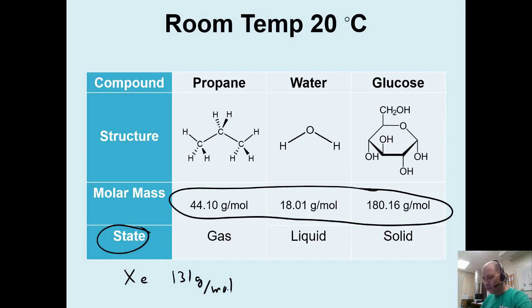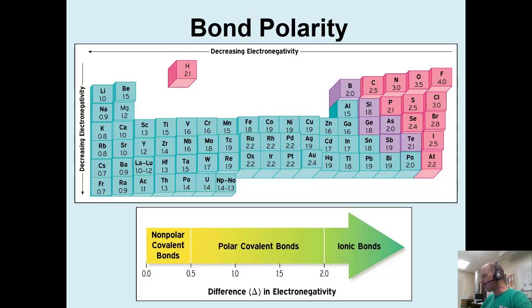All right, so what is it that makes these things stick together? We look at polarity of the bonds as review. Electronegativity, which you learned in one of the early chapters when we discussed the periodic table and periodic trends, is the ability of an element to draw electron density towards it.